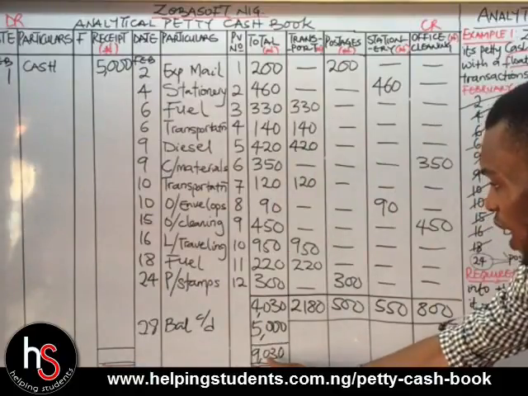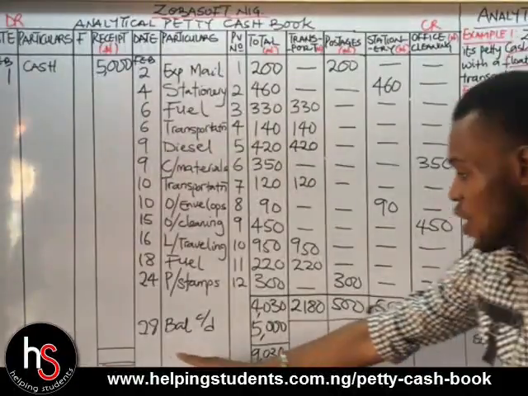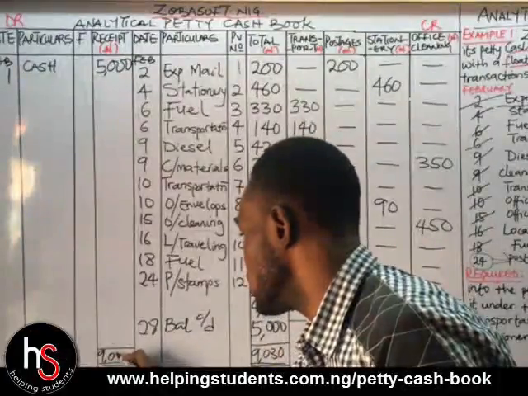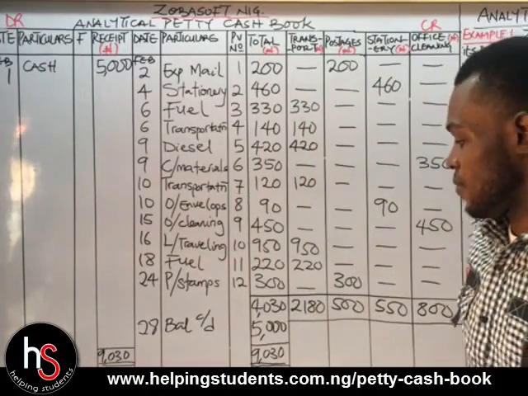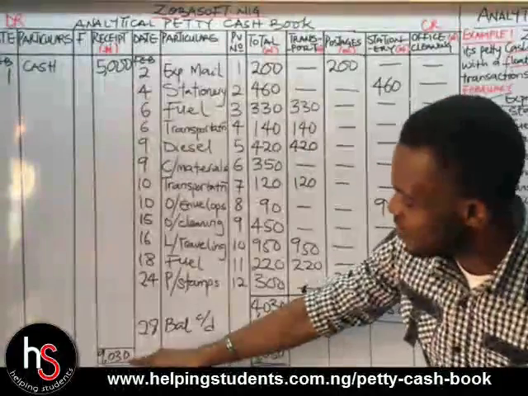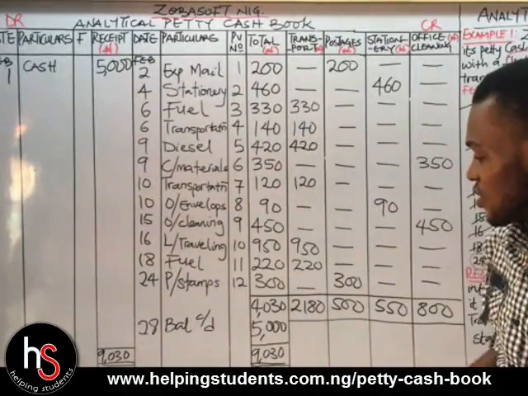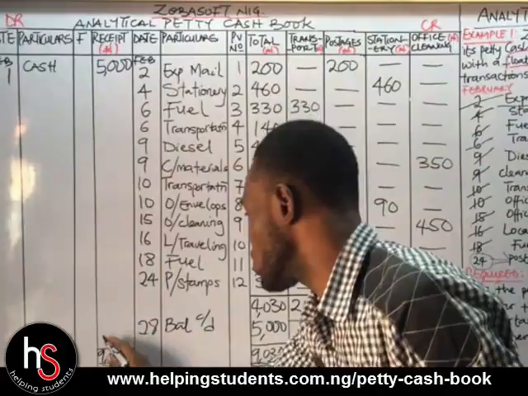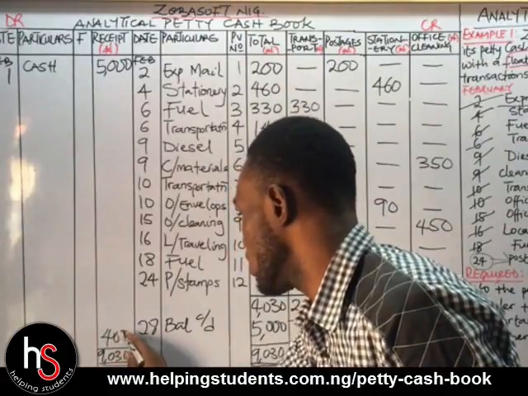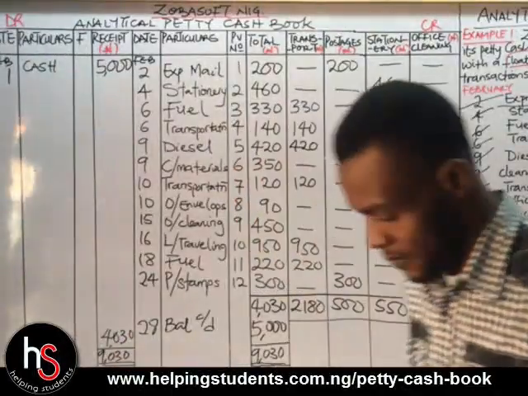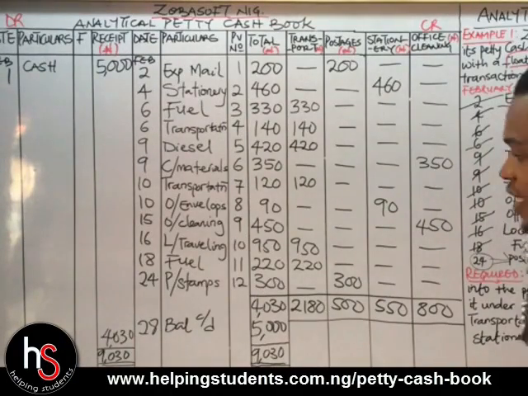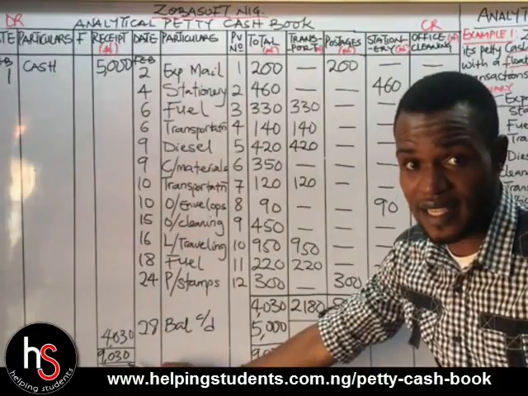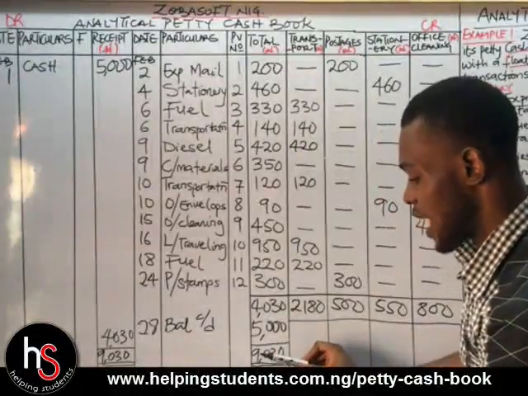Okay, now this value we have here, 9,030, will also be written down here. So we have 9,030. Okay, now 9,030 minus 5,000 gives us what? This same value we have here, which is 4,030. So we write 4,030. Now the summation of these two values equals 9,030, isn't it? So these two accounts are balanced.